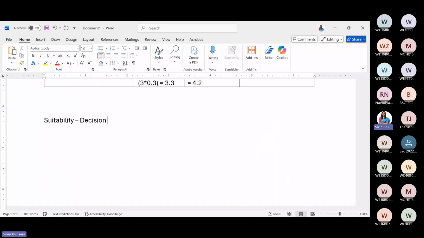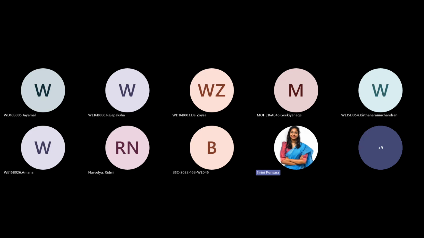You may have learned decision trees previously with some calculations, but here I'm not going to include values, just a simple decision tree. I will take one example relevant to what we have done last week. We learned the Ansoff matrix last week. Relevant to that, I will give you one example.